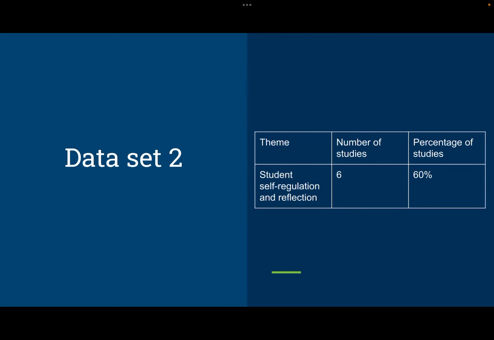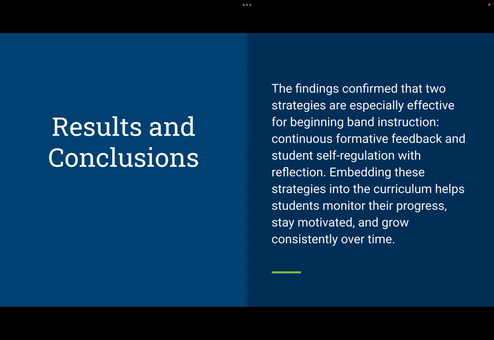This table shows the findings for the second theme, with 60% of the studies supporting self-regulation and reflection as key strategies for consistent growth. Taken all together, the findings confirmed that 2 strategies are especially effective for beginning band instruction: continuous formative feedback and student self-regulation with reflection.